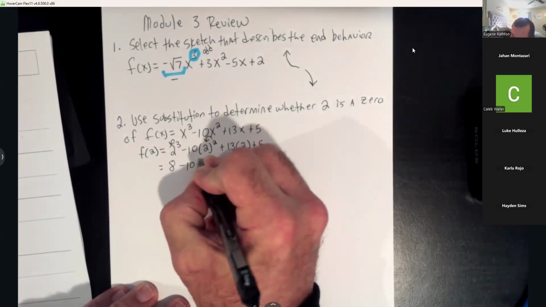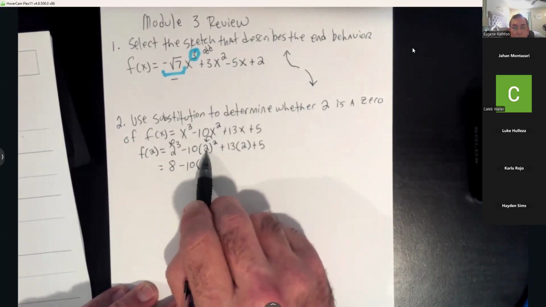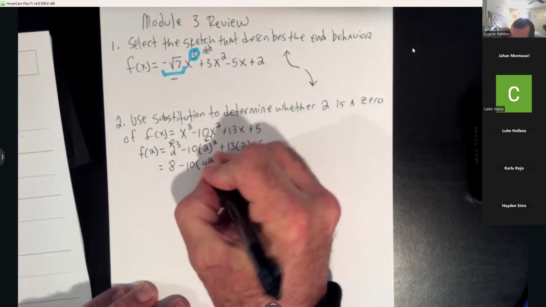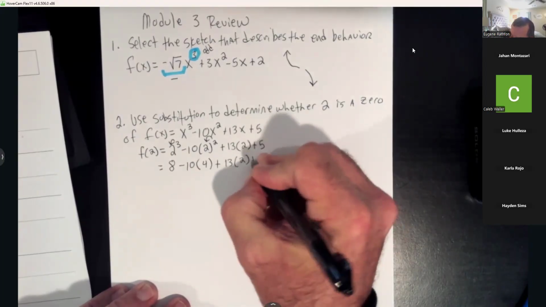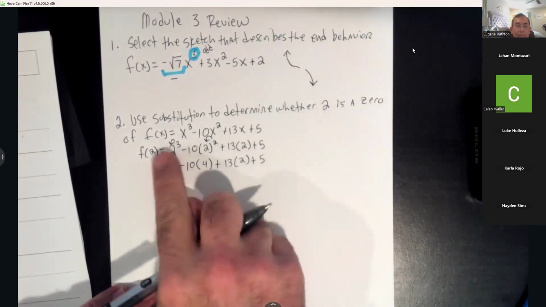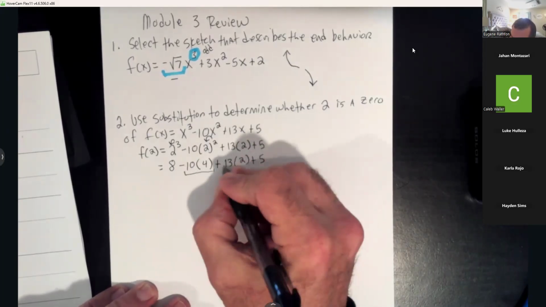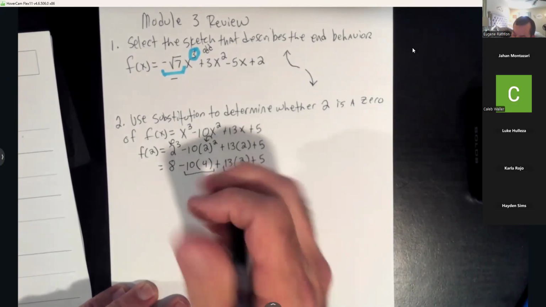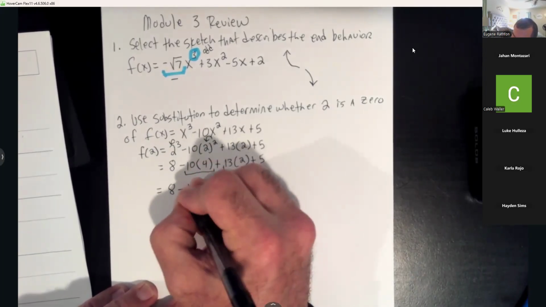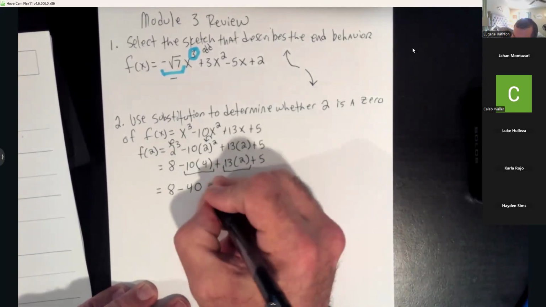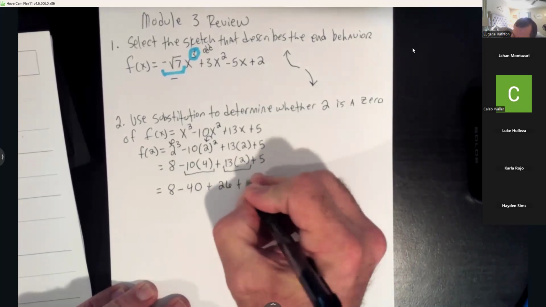Minus 10 times what I get when I take 2 and square it. So that's 2 times 2, which is 4. And then I'm bringing everything else down. So I just did the exponents on that step. Y'all, this step, I'm just going to multiply the 2 places where I got to multiply. So that'll give me 8 minus 10 times 4 is 40, plus 13 times 2 is 26, plus 5.